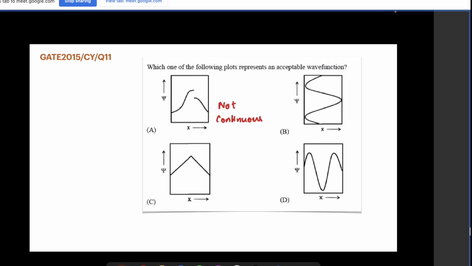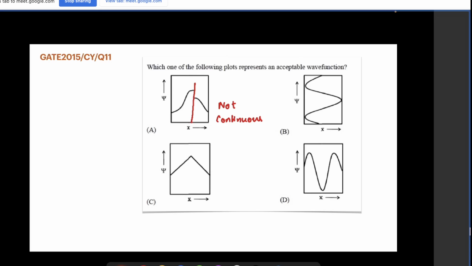There is also a physical meaning, because for this particular region where my wave function has no value, or has a disconnectivity, the probability of finding my particle is 0 there. And for option B, you can see that this is not a single valued function for a particular value of x.